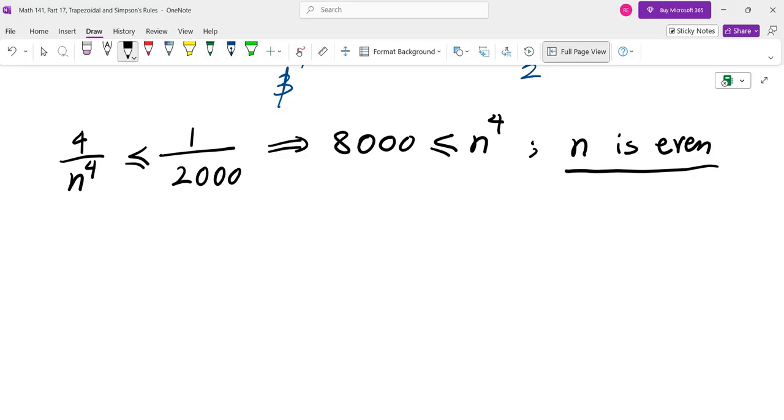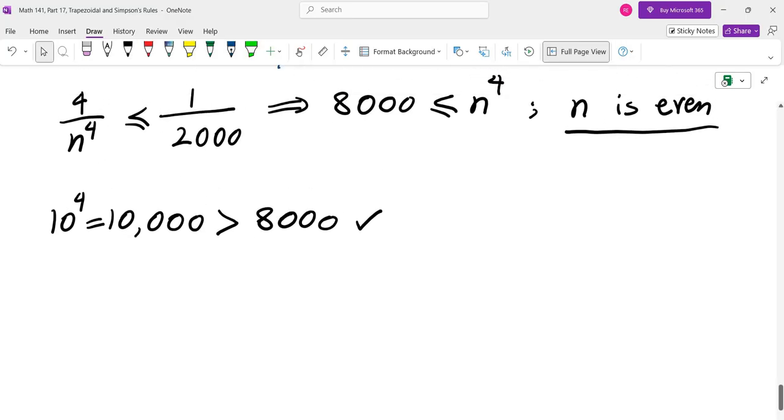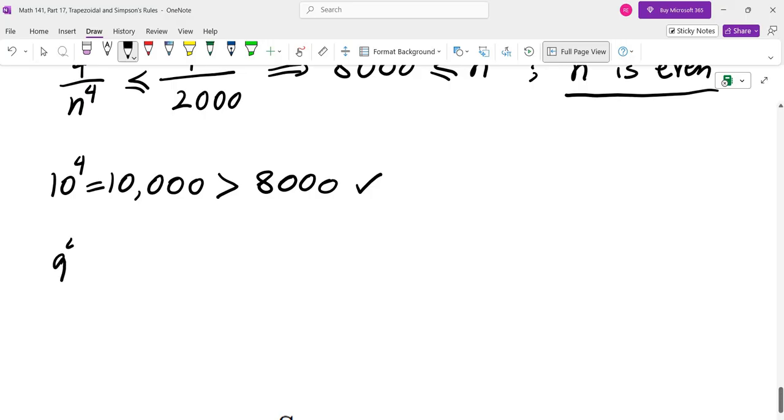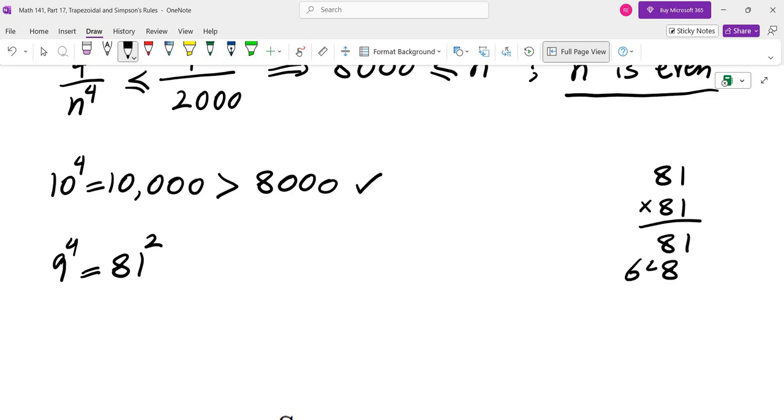Okay, so clearly 10 to the fourth, which is 10,000, is greater than 8,000. So this does work. Now let's test 9 to the fourth. 9 to the fourth is 81 squared. Let's multiply 81 and 81. So you get 81, 8, 64. You get 1, 16, 5, and 6.